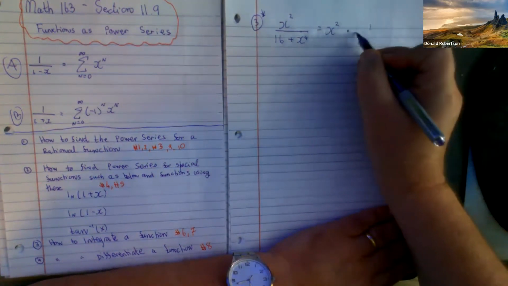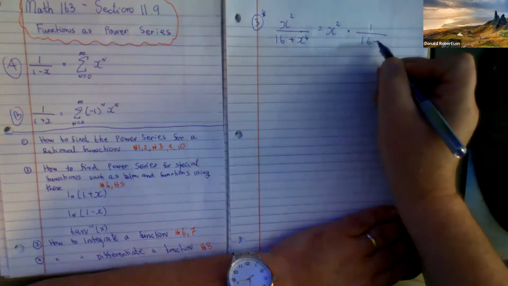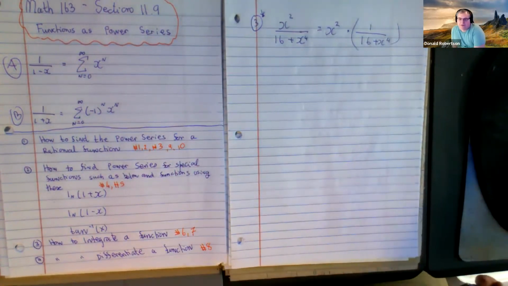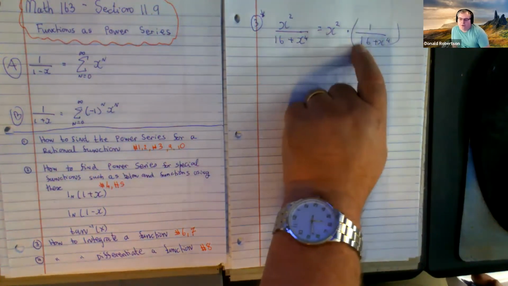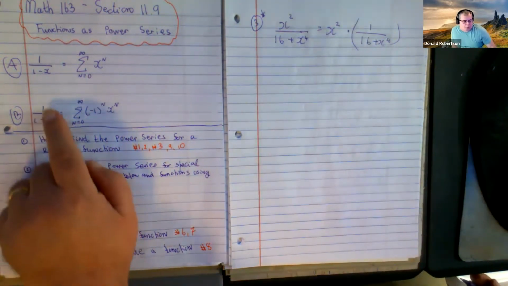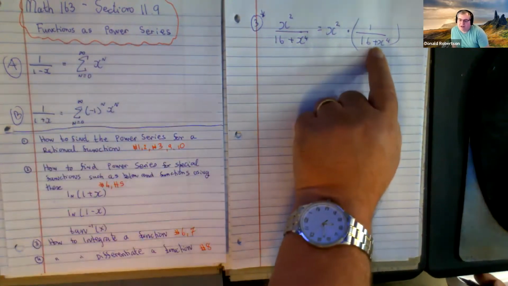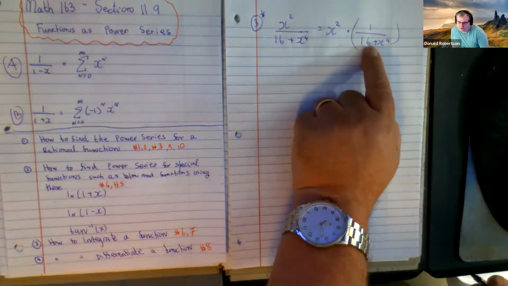First thing is, just pull out that x squared so that I've got a 1 over guy. I want a 1 over so that one of these two guys will work. And then I look and I say, oh, darn it, there's a 16 there. I can't have 16.